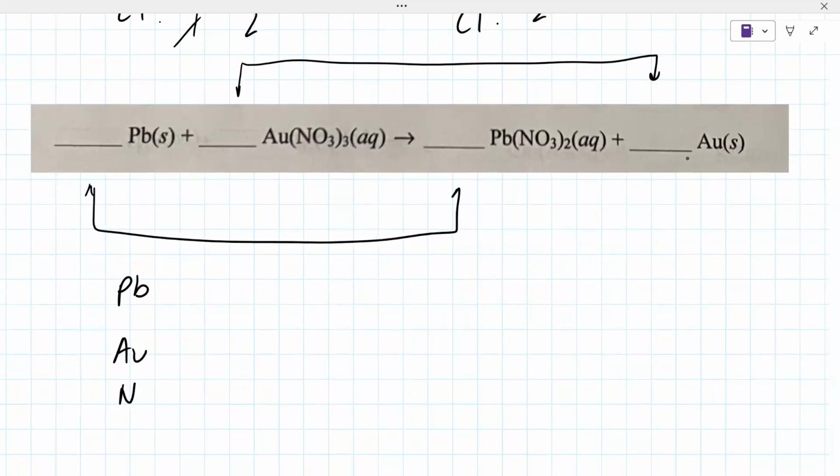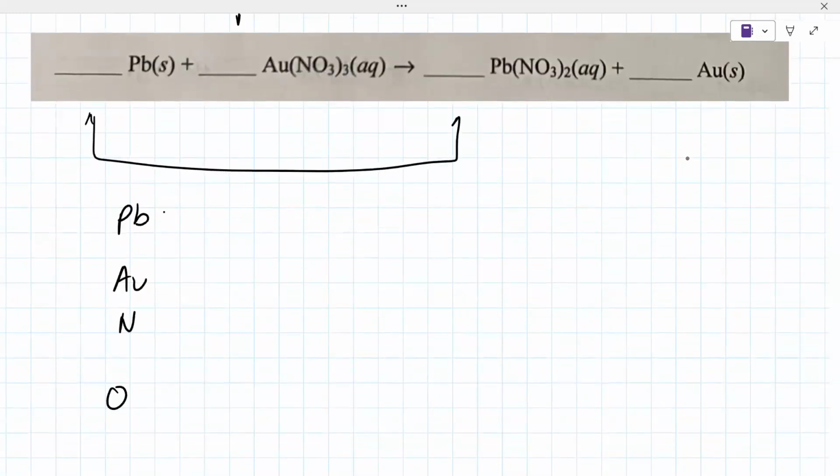And NOs. Okay, so on the left here, tell me how many PBs you have, AUs, Ns, and NOs, please. So there is one PB, one AU, three nitrogen, and nine oxygen. Good. And maybe that'll give us some insight into what to do over here.